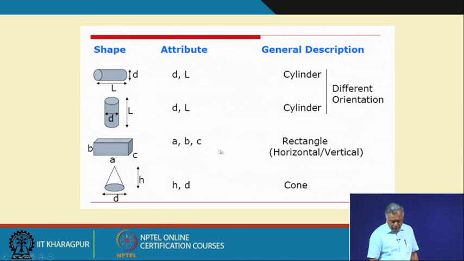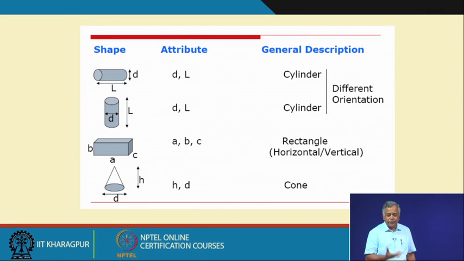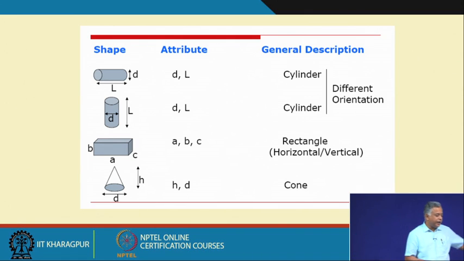where it is being used. Similarly, if we have a rectangle, it has got 3 attributes A, B, C, and for a cone it is H and D, that is the height and the diameter. So, we can define them for regular shapes, but even in a dynamic condition when they are moving, that means in a mineral processing plant, I said that there are n number of unit operations, the particle has to travel along that.